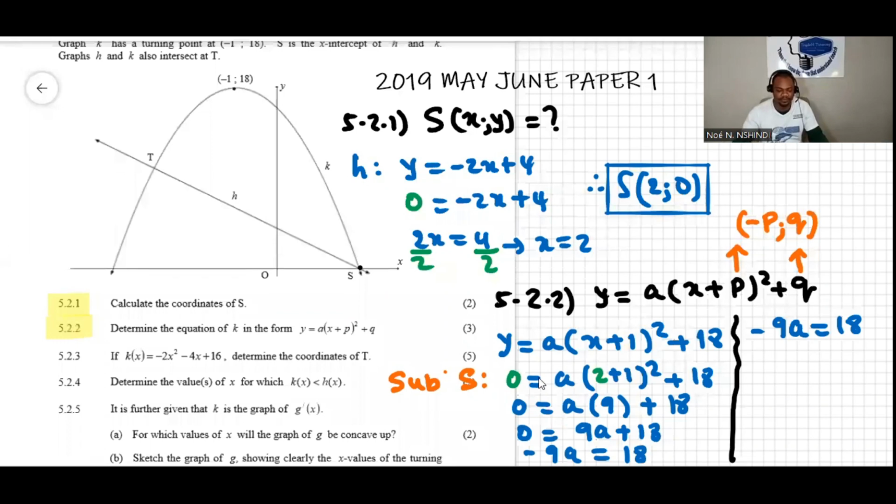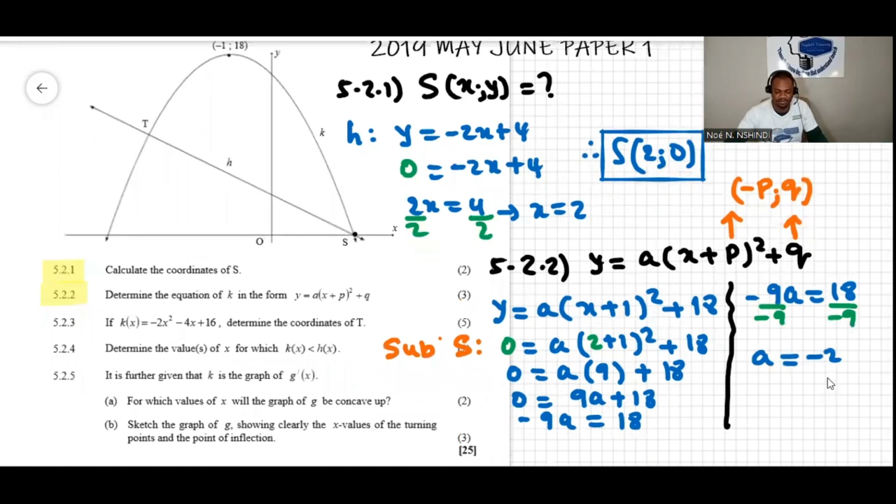Then we can divide both sides by negative 9, and then a equal to negative 2.